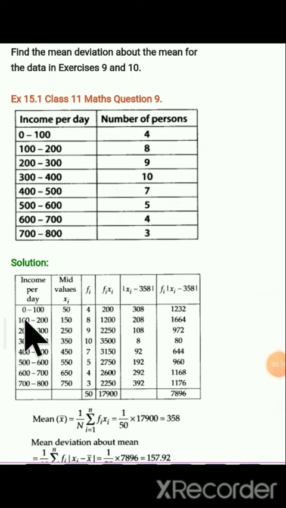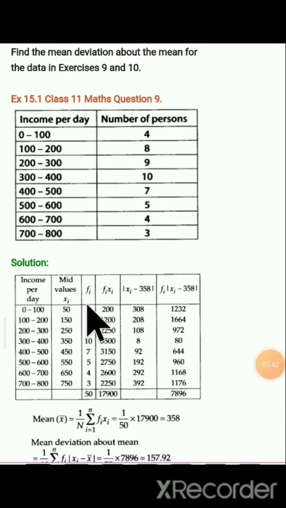Next 100 plus 200 divided by 2 is 150. 200 plus 300, 500 divided by 2 is 250. 300 plus 400 is 700 divided by 2 is 350. 400 plus 500 divided by 2 is 450. 500 plus 600 divided by 2 is 550. 600 plus 700 divided by 2 is 650. 700 plus 800 divided by 2 is 750.